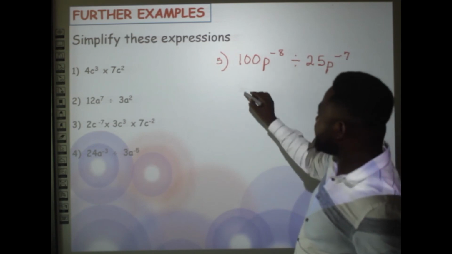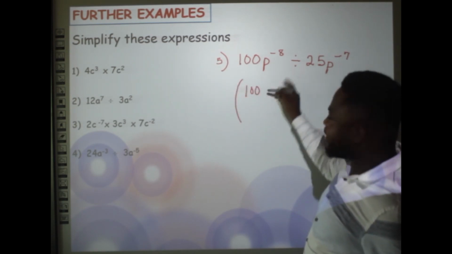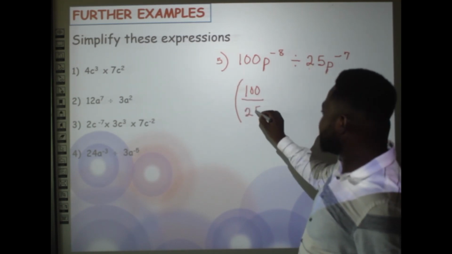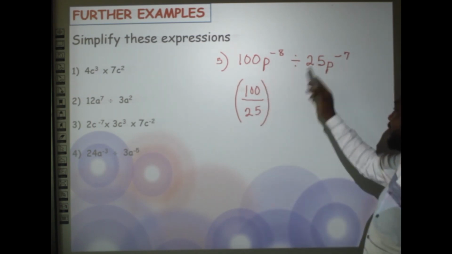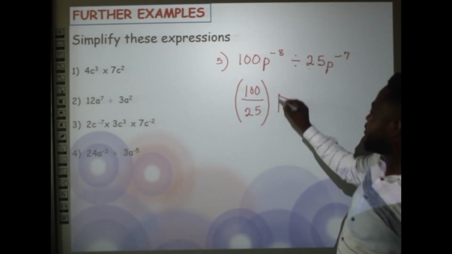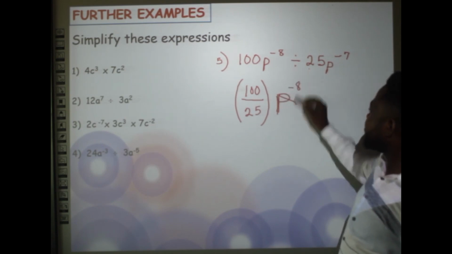Now, this is 100 divided by 25. Remember, separate the numbers from the letters. So this is going to be 100 divided by 25. Now, what we have here is p raised to the power minus 8.